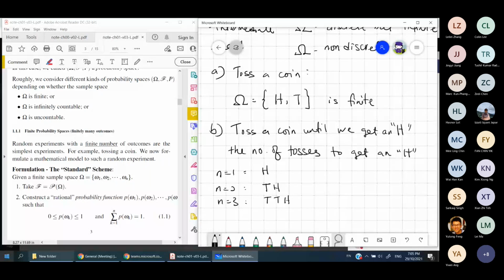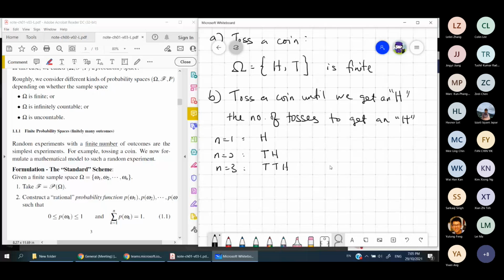Although we know eventually, sometime we should get a head, theoretically this process might go up to infinity, right? So in this case, you can see our omega will be 1, 2, 3, 4, 5, 6, 7, and so on, because it can be up to 1,000 tails before we get a head.